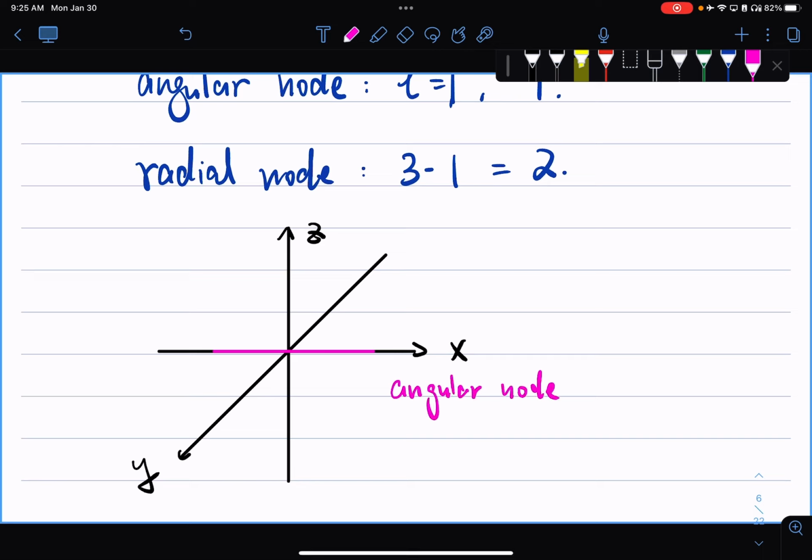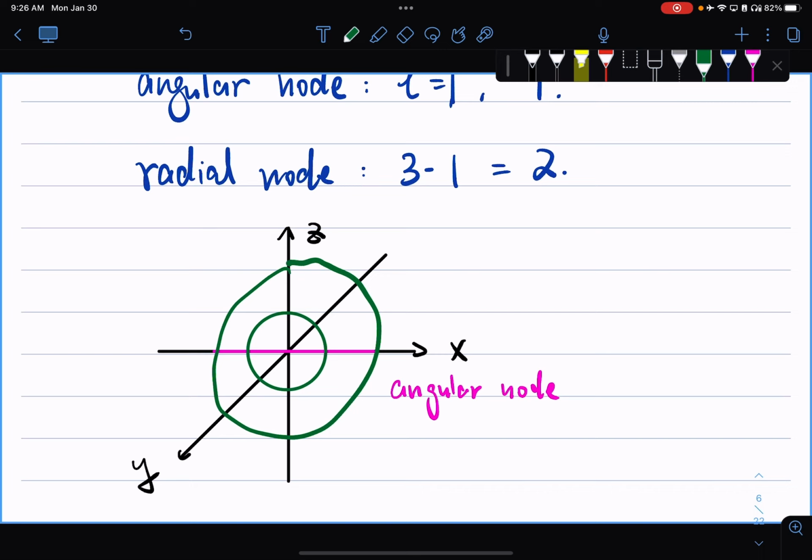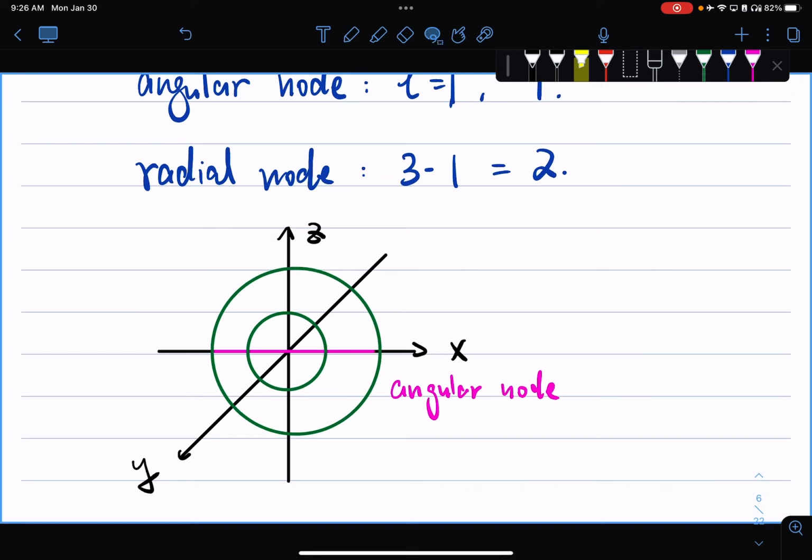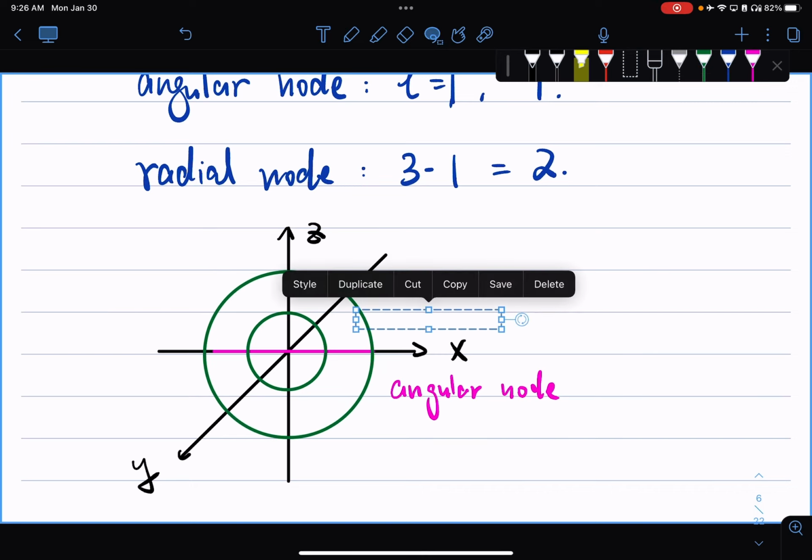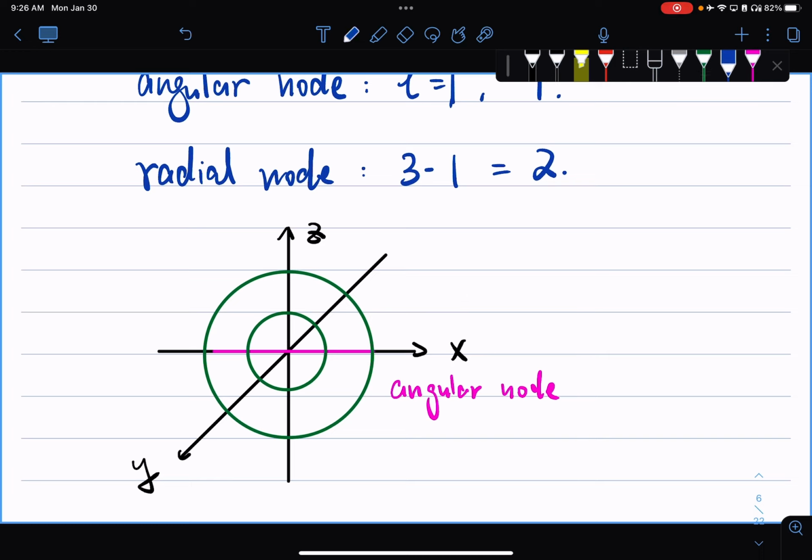So we have 1 angular node and 2 radial nodes. For this question, we don't know the position of the radial nodes, but you can well imagine if I gave you a wave equation that you can solve for the radial nodes, I could also ask you to label where those radial nodes are. But for this problem, I'm just sketching 2 radial nodes here.